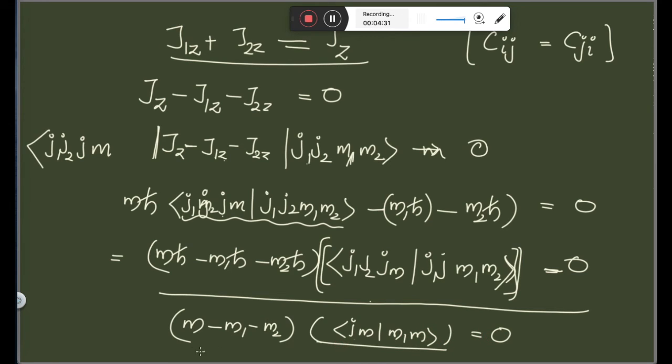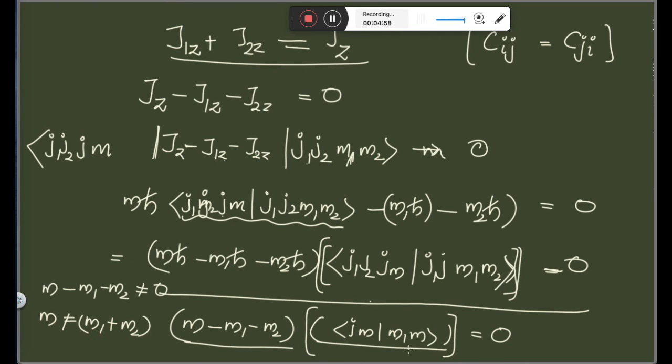So either of these should always be 0. When M minus M1 minus M2 is not 0, the coefficient is 0. Or, taking it to the other side, M is not equal to M1 plus M2.